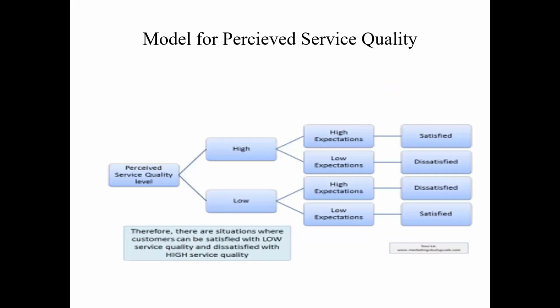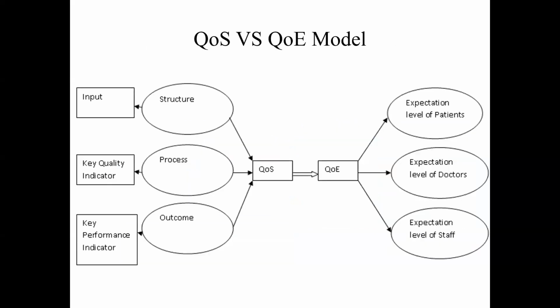Model of perceived service quality. Here, when your expectation level is very high and you are satisfied, and when there is low expectation and you are dissatisfied, then the perceived service quality is high. And when you're dissatisfied with a high level of expectation, your perceived service quality level is low.